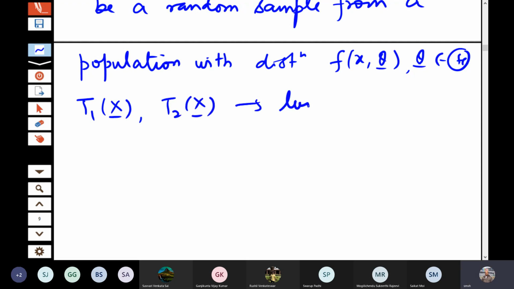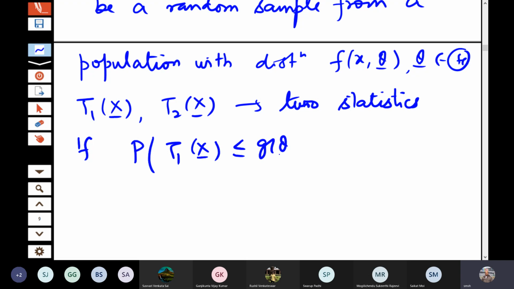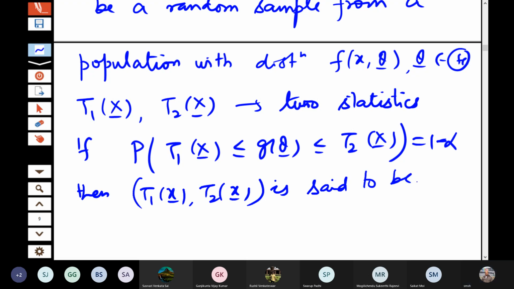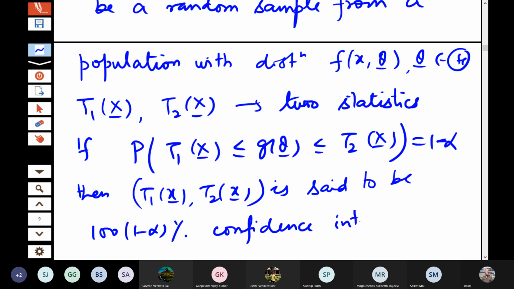If the probability that T1(X) is less than or equal to g(theta), which is less than or equal to T2(X), is equal to 1 minus alpha, then (T1(X), T2(X)) is called a 100(1 minus alpha) percent confidence interval for g(theta).